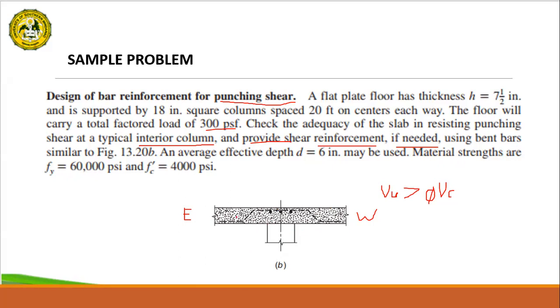So sa east-west direction of the slab, we have this arrangement of the shear reinforcement, no? This is bent, no? Yan, ganyan. Then, for the north-south direction, we have these bars also bent in this manner then. Okay?